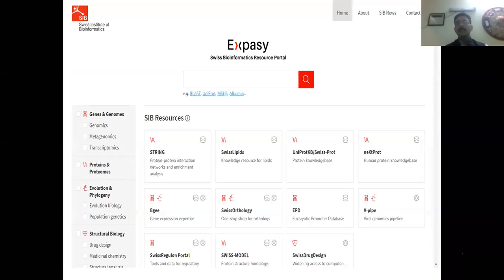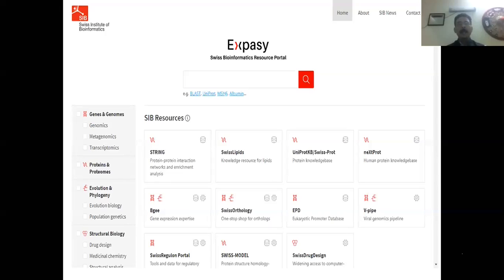ExPASy is one such common platform wherein thousands of different bioinformatics tools are available in the same interface. So when you have sequence information pertaining to genes or genomes, or proteins or proteomes, and you want to do any kind of bioinformatics analysis using your data, or you want a comparative analysis of your data with sequences already downloaded from the databases, then you can easily use the online resources available on this platform.